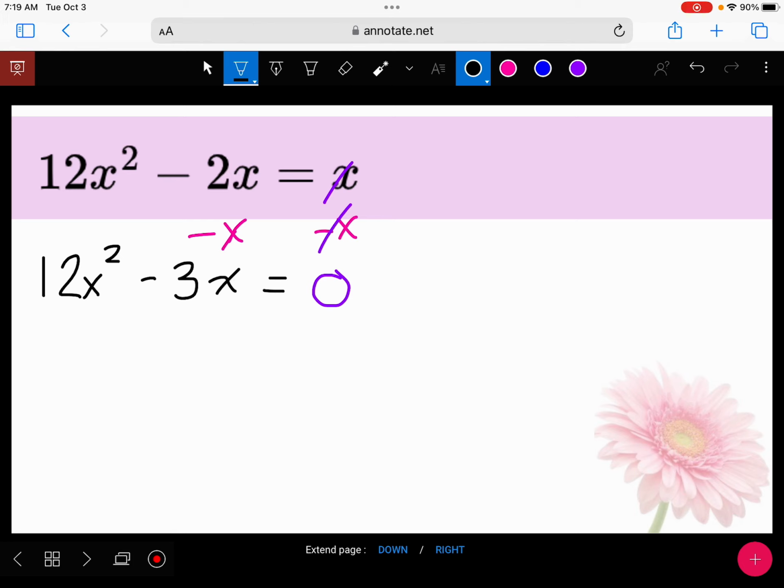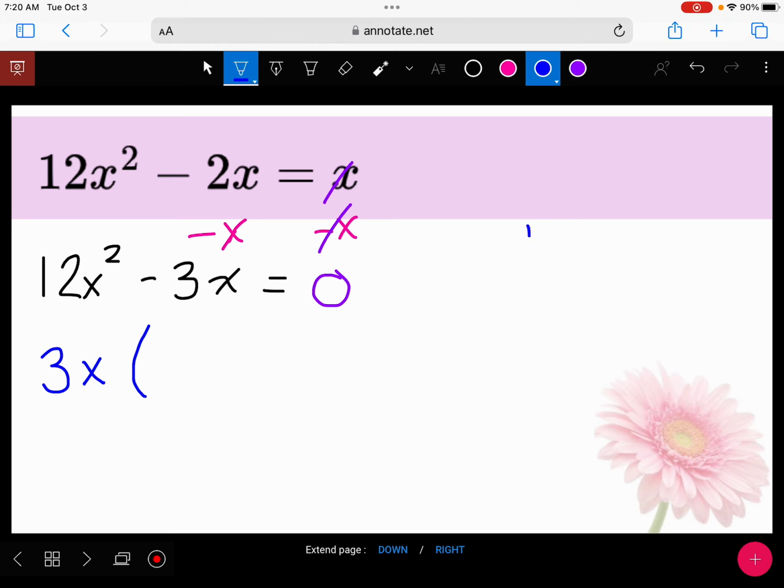I want to look at these two pieces and see what do they both have. What do they both have? 3. What else do they both have? X. So if I take 3x out of both of these terms, what's left over?